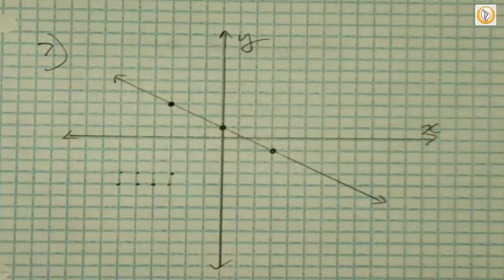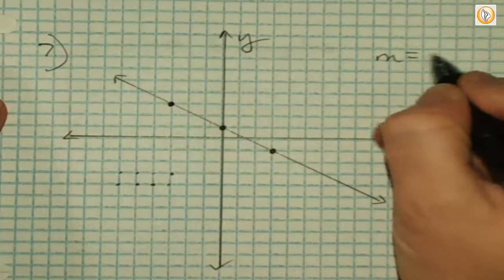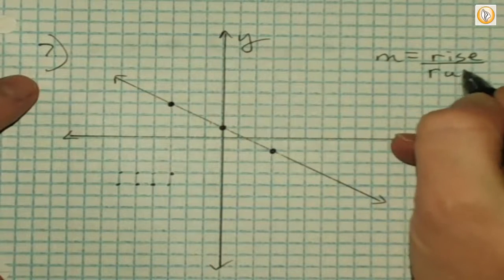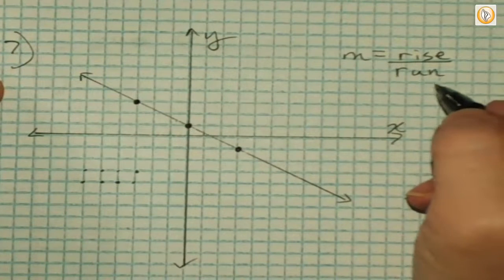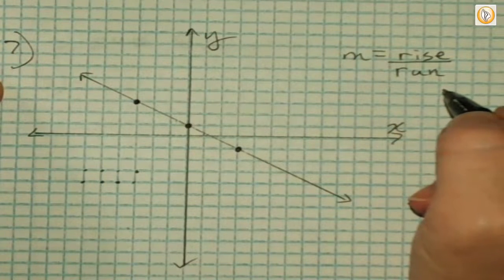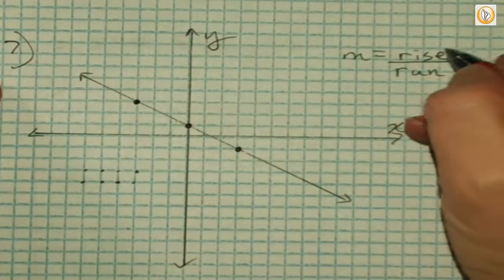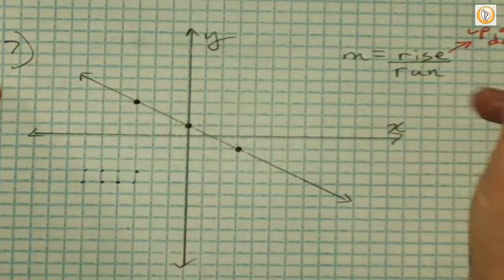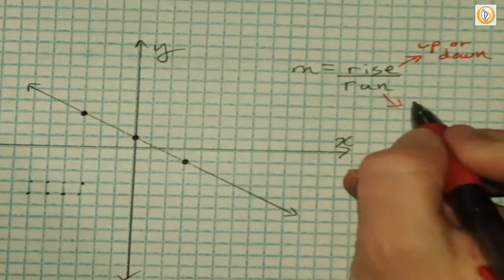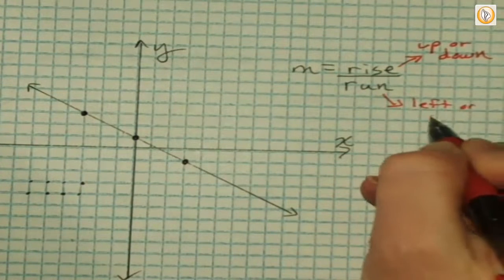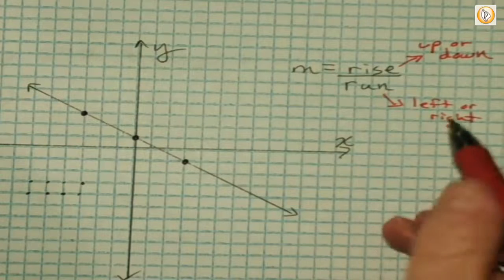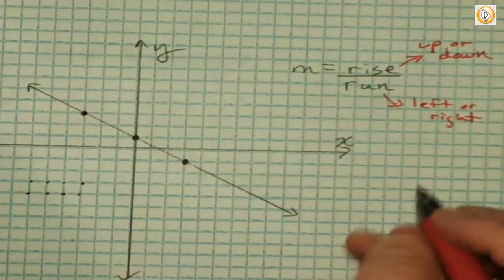Now, if you remember to find your slope, and you can write what I'm writing on your paper. You can write this. It's rise over run. Rise over run. Remember that? This is up or down. This is left or right. So you can write this stuff right there for number 7.